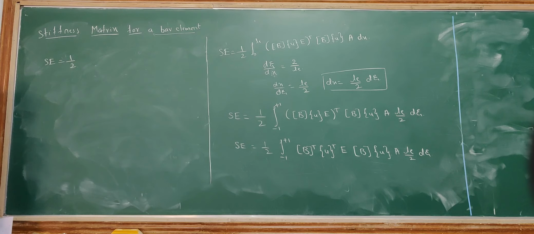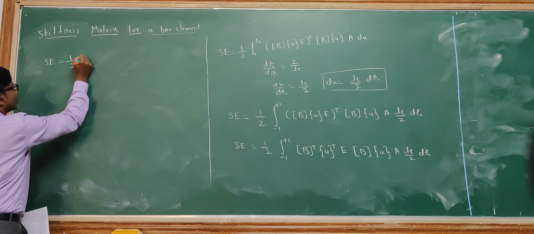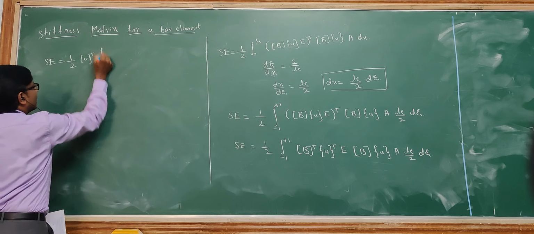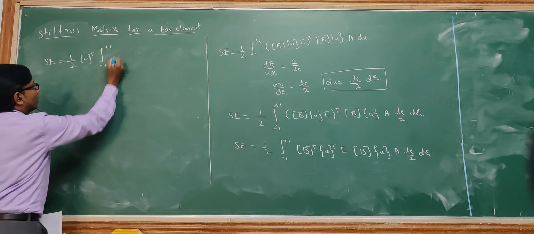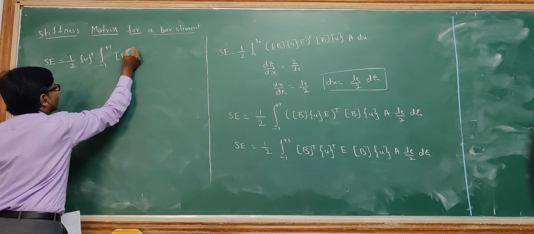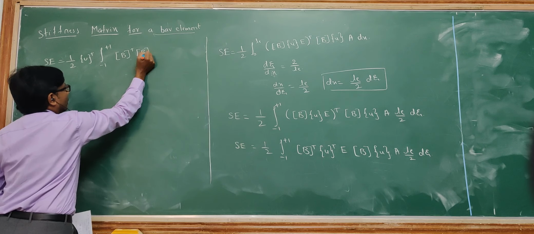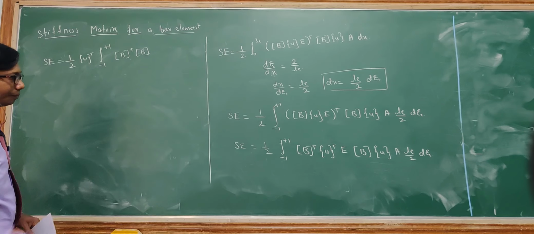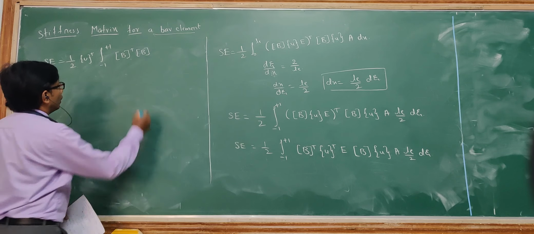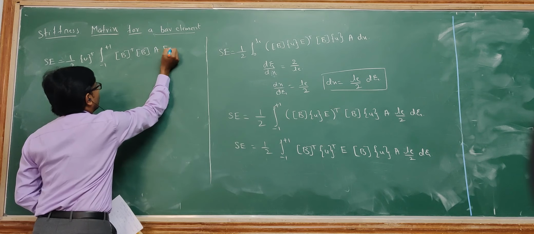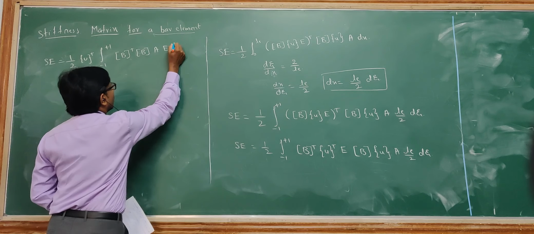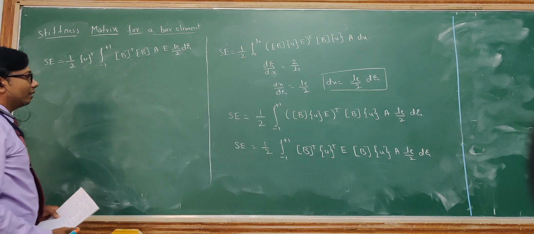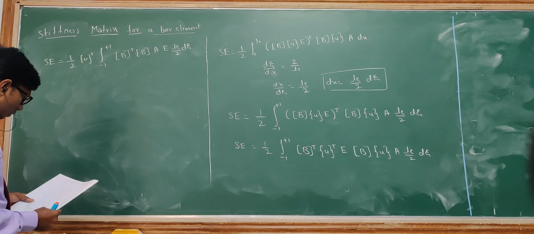I will take U transpose outside. Integration -1 to +1, B transpose into B, into A into E, LE by 2 d zeta will be this parameter.